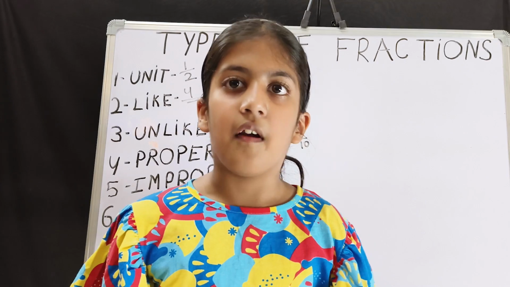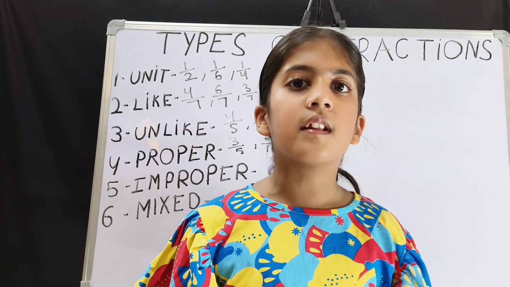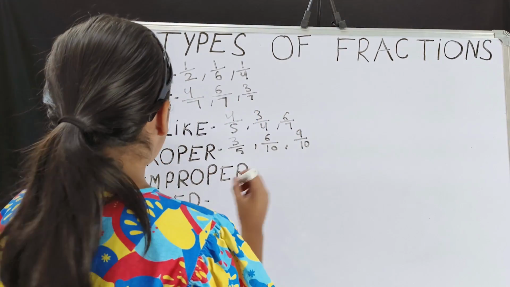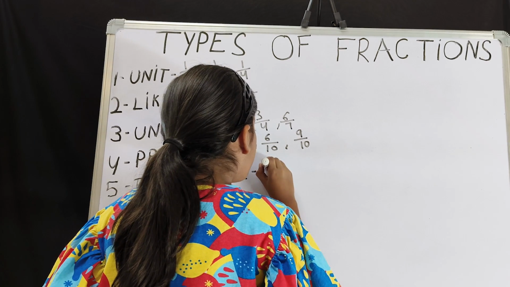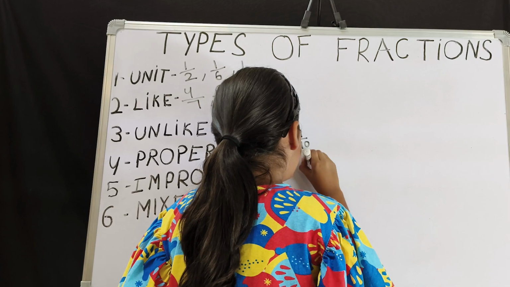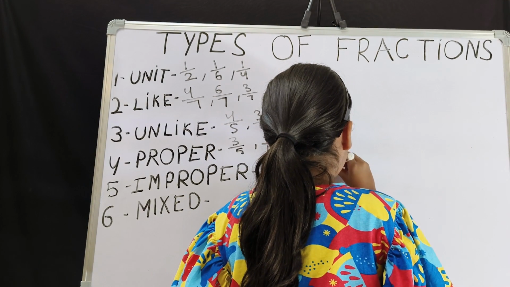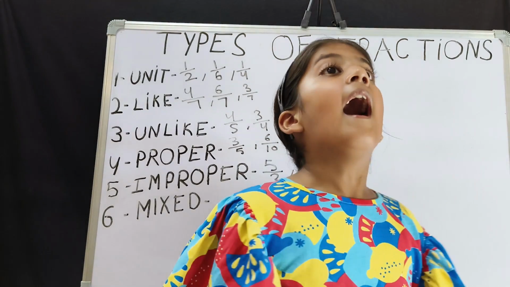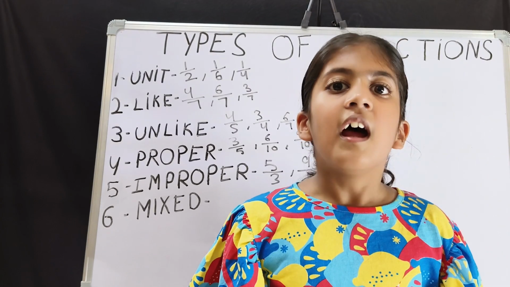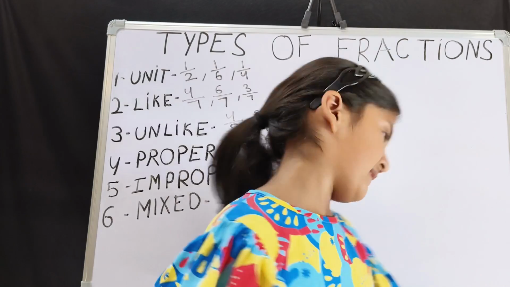Improper fractions are fractions that have the numerator more than the denominator, like 5 upon 3, 9 upon 7, 6 upon 10, etc. Mixed fractions are fractions that have a whole as well as a fraction.